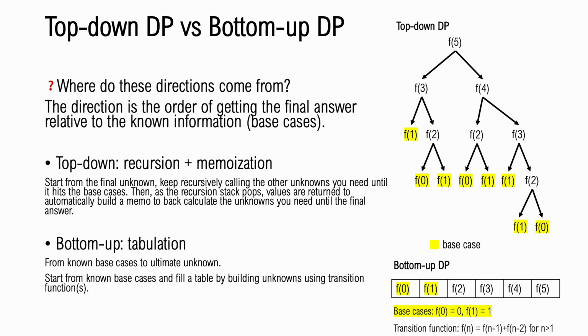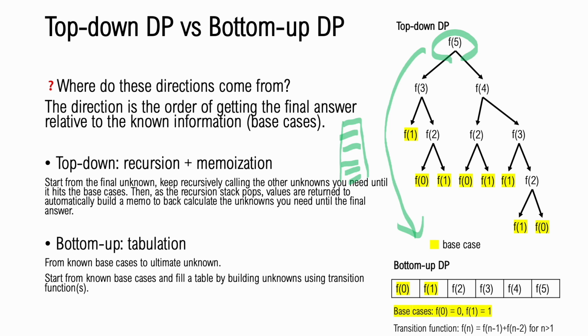So you don't have to keep solving the same problem again and again. In the top-down approach, it starts from the final answer you need, and then you recursively call the sub-problems until you hit the base cases with the information you already know. This is all based on a recurrent stack, which is stacked together automatically by the algorithm.